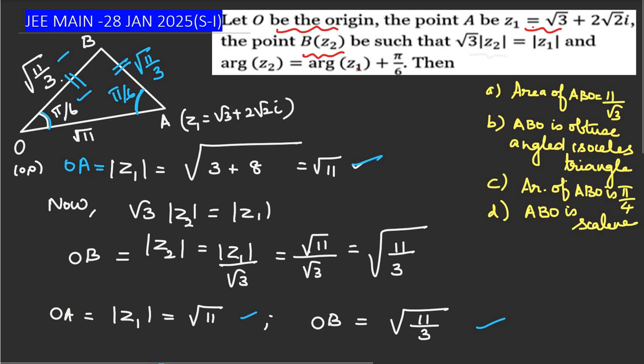Therefore, the other angle, angle B will be equal to pi minus 2 times pi by 6, which is equal to 2 pi by 3. So this angle is 2 pi by 3, 120 degrees, and therefore from the given options, ABO is an obtuse angled isosceles triangle.